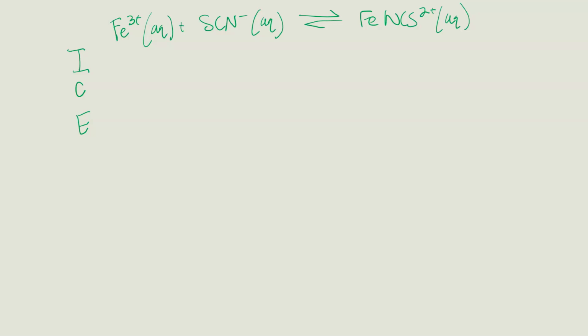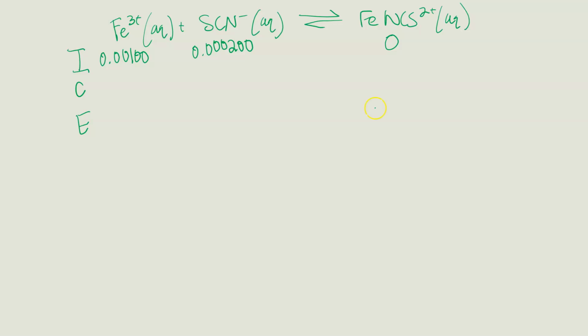So there's no way around an ice table. Okay, you have to do an ice table. So let's pretend like this is one of the reactions. If my initial iron number that I already calculated was 0.000100, and my initial thiocyanate was 0.000200, your product initial value is 0 because when you did your pipetting, you didn't put any of that chemical in there.